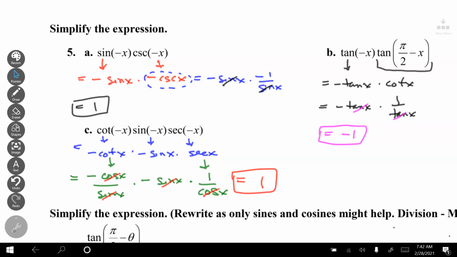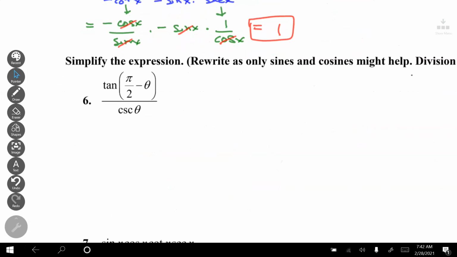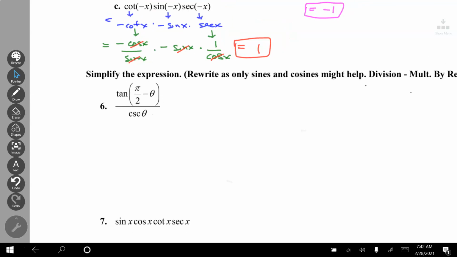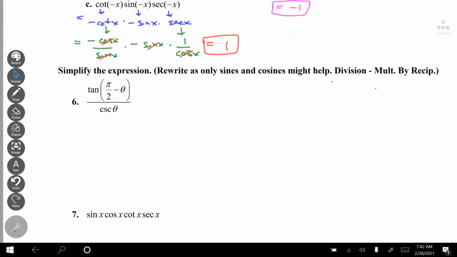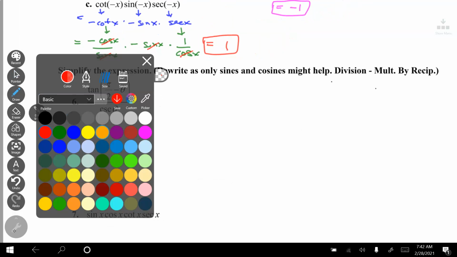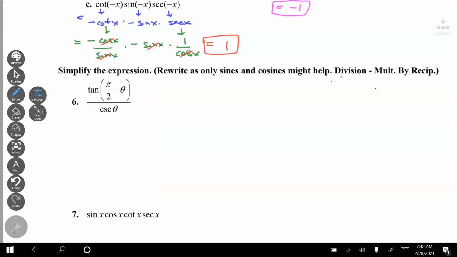That's the way we manipulate all these trig identities, just by rewriting things. Okay, these next ones I'm going to pay attention to, because sometimes when I divide, I multiply by the reciprocal. This is just cotangent of theta, and I could rewrite this as 1 over sine of theta.